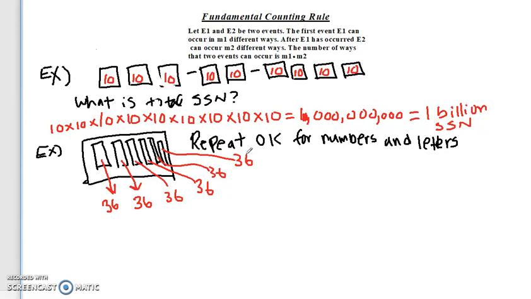I get about 2 billion numbers. That doesn't sound right.